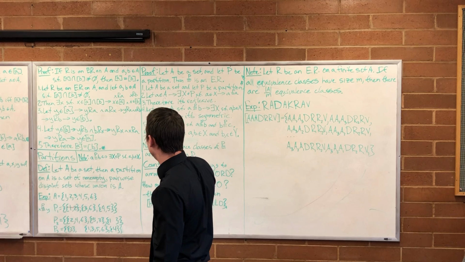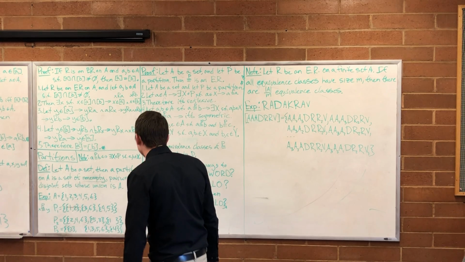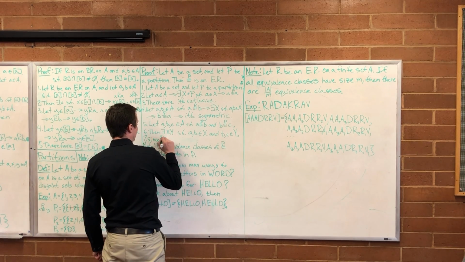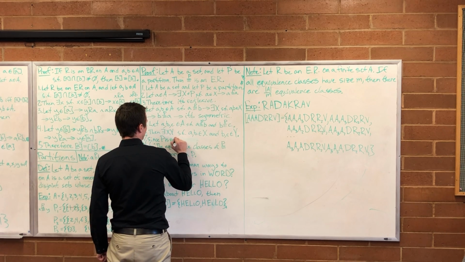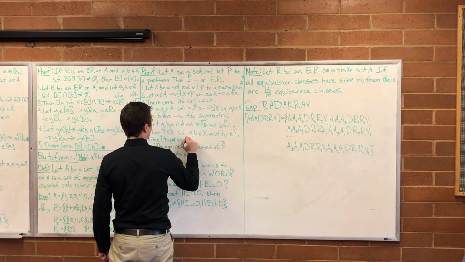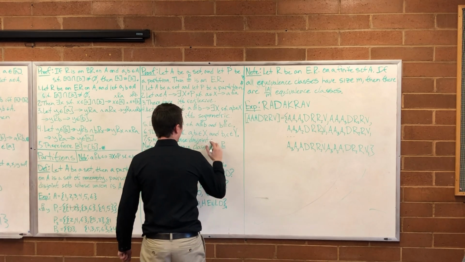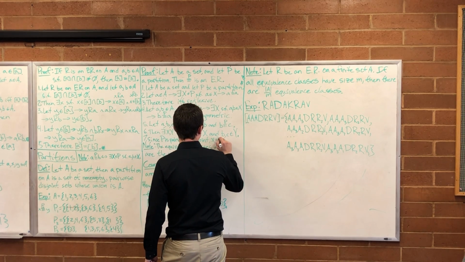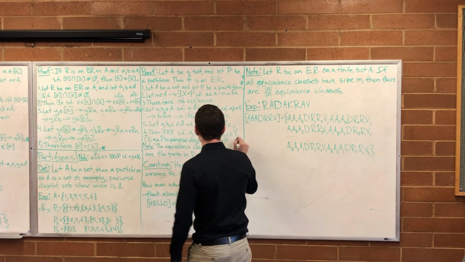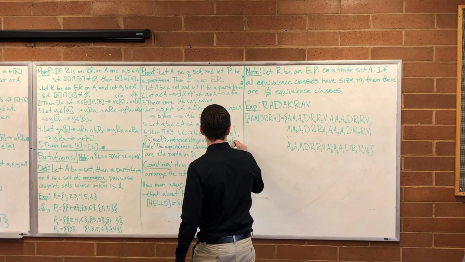A partition on A is a set of pairwise disjoint sets. Yeah, so since P is pairwise disjoint, then X is equal to Y, which gives us that A is related to C.